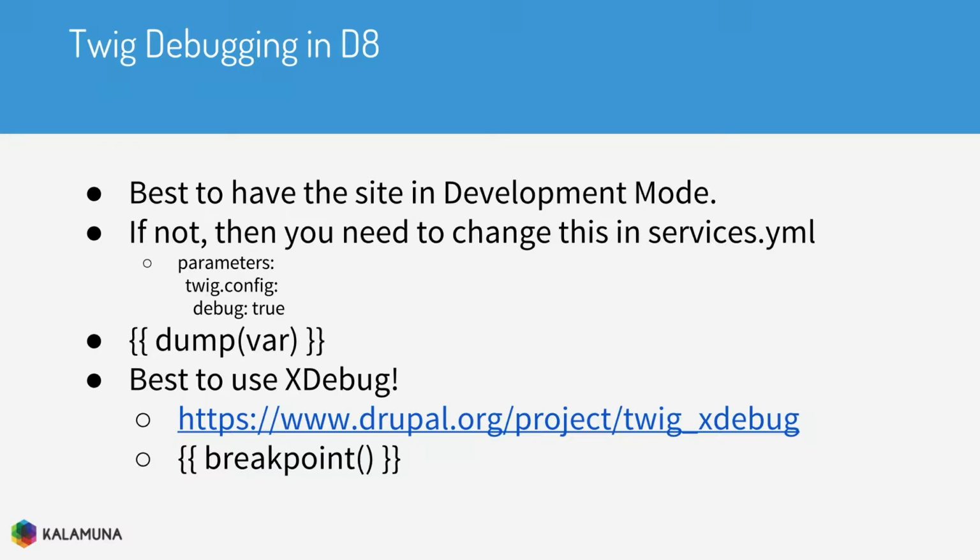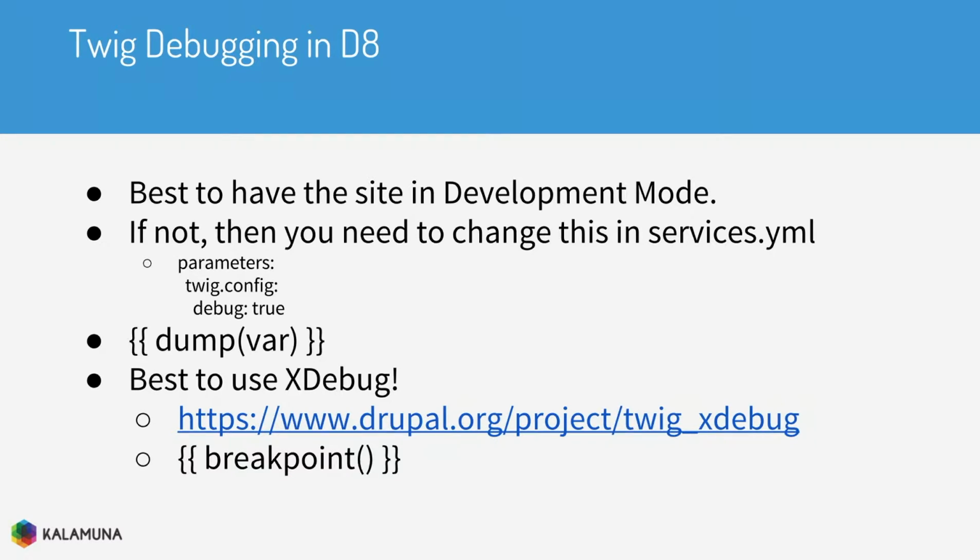But in order to debug, you have to tell it to debug, because by default, D8 wants to cache everything and be performant and all that fun stuff. So if you did what I said earlier, and enabled your D8 caching settings, you don't need to do this step, but in case you just want to have a hard time and not listen to me, then go ahead and do that so you get your Twig debugging.